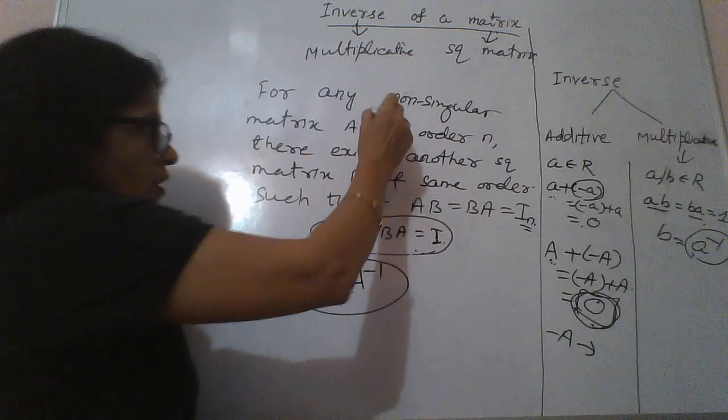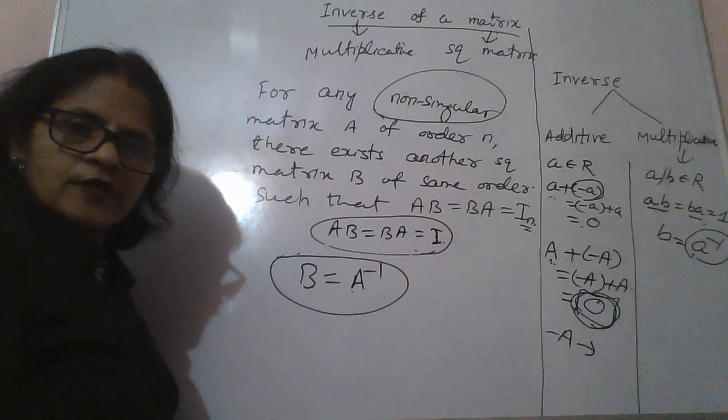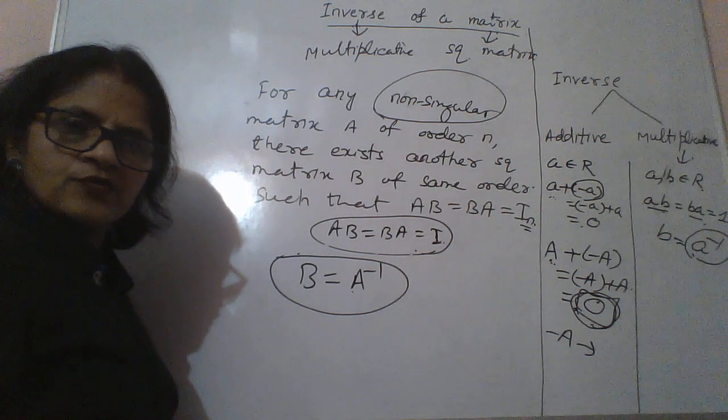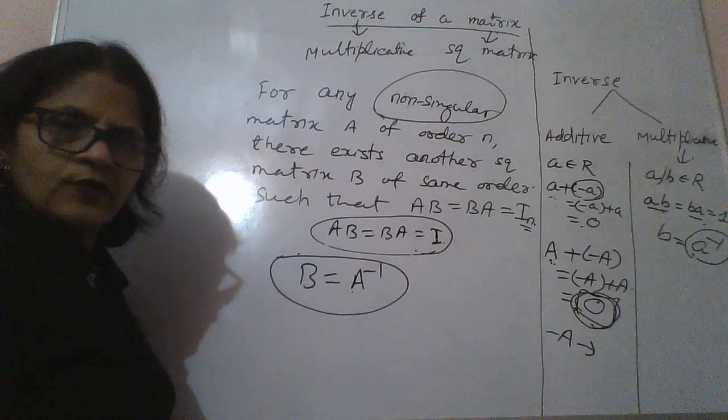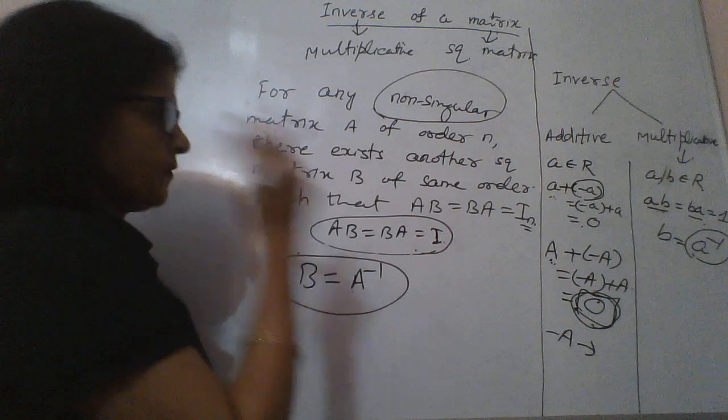First condition, it should be a non-singular matrix. Non-singular matrix means any square matrix whose determinant is not 0. We will see why it is non-singular.